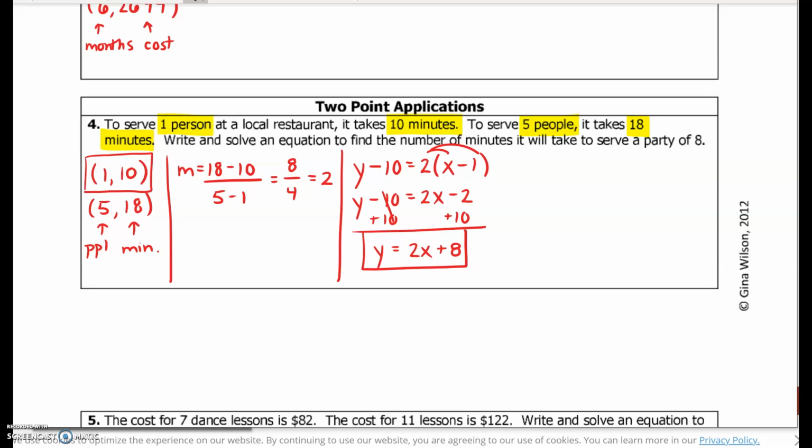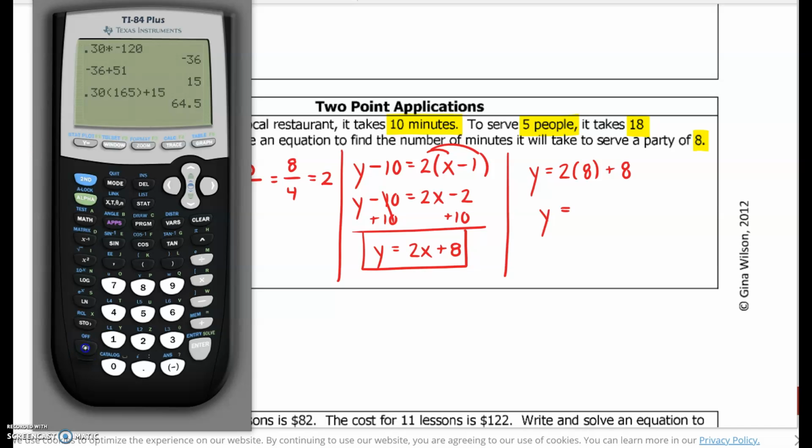So that's the first part. Write an equation. The second part says solve an equation to find the number of minutes it will take to serve a party of 8. So we are going to plug in 8 for x in our equation, and we are going to simplify this expression.